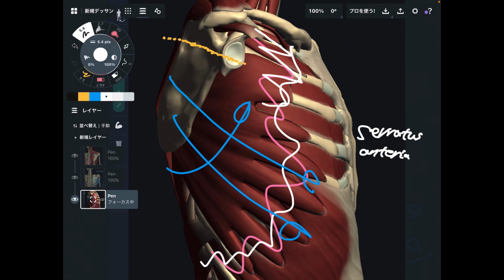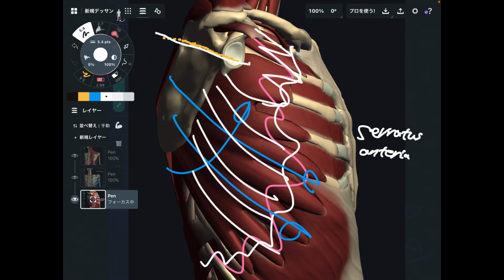Upper fiber of serratus anterior actually does downward rotation. Imagine axis is about here. Inferior from this axis, this part does upward rotation. Then upper part, above from this axis, that does downward rotation. So serratus anterior is actually important both for upward rotation and downward rotation.